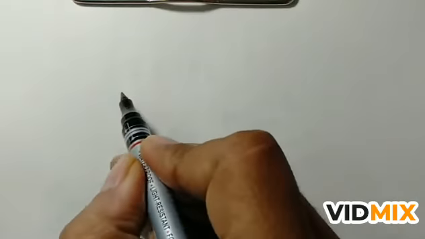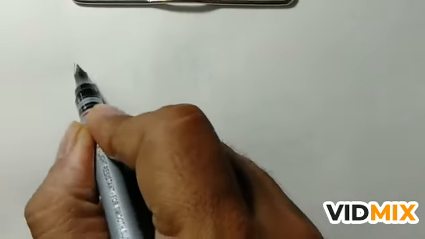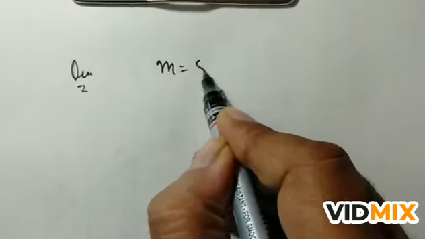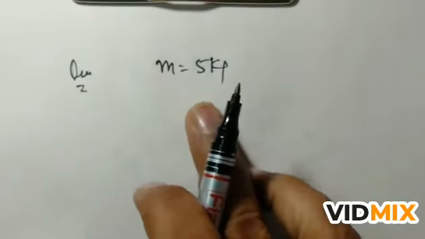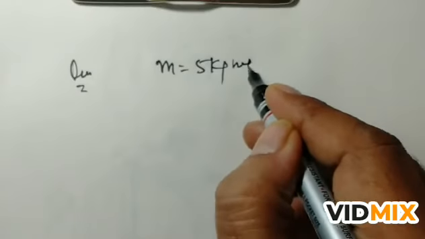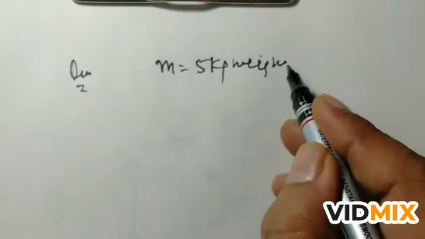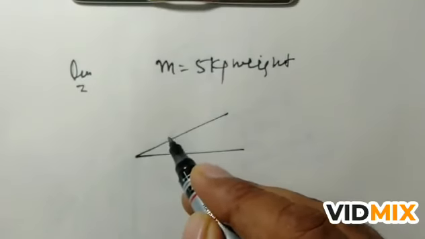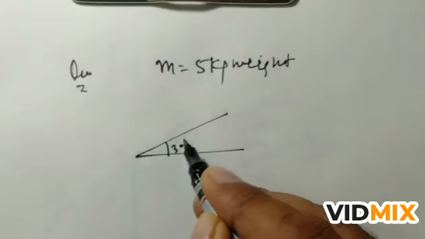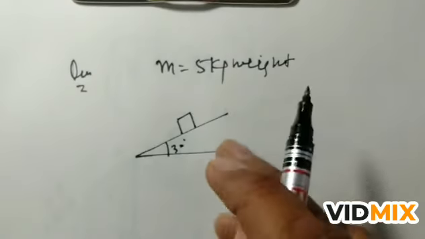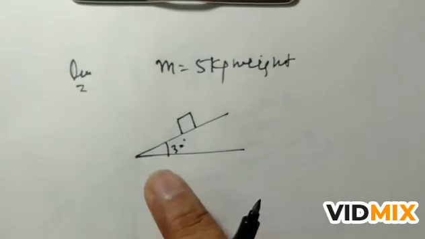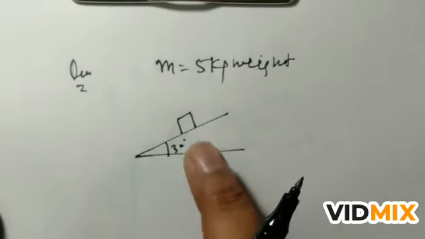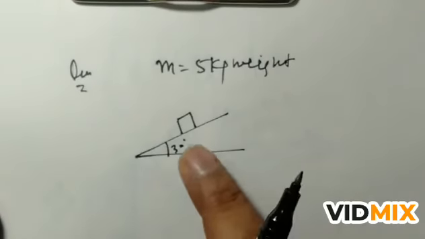So there is one question. A body of mass 5 kg is kept on a rough inclined plane which is making 30 degrees, and it just starts sliding with constant velocity.